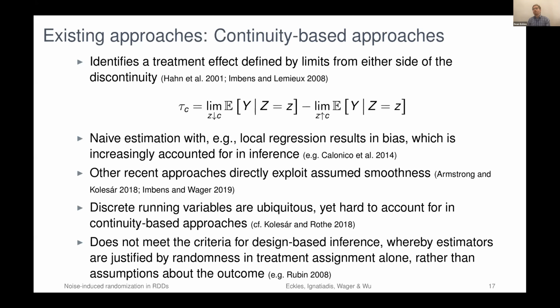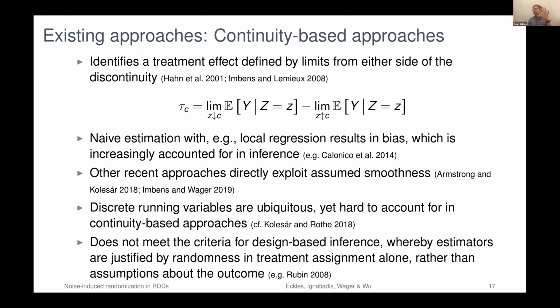I think what we particularly notice is that really this continuity-based approach doesn't meet the criteria for design-based inference outlined by Rubin and others, whereby we should think about our estimation and inference as justified by randomness in the treatment assignment alone, right? That somehow we don't need to peek at the outcome. We don't need to model the outcome in order to decide how we're going to do estimation.